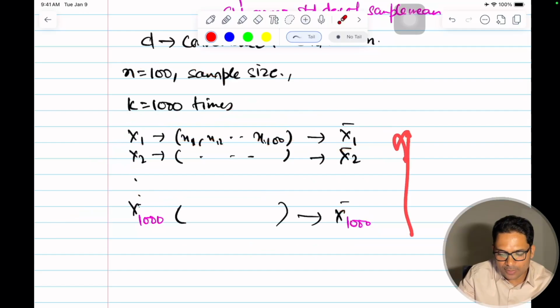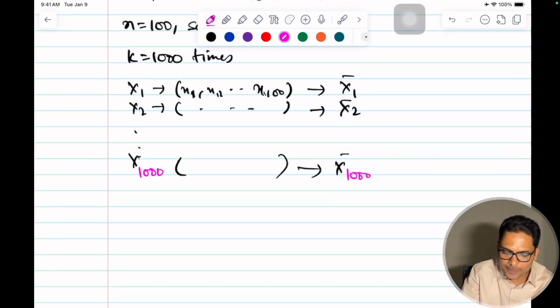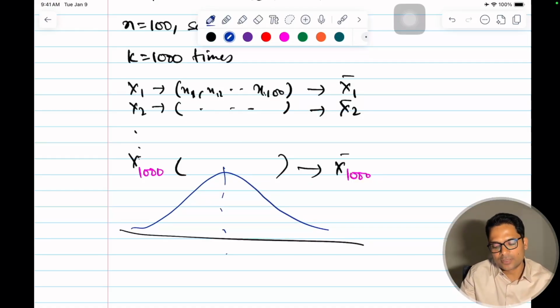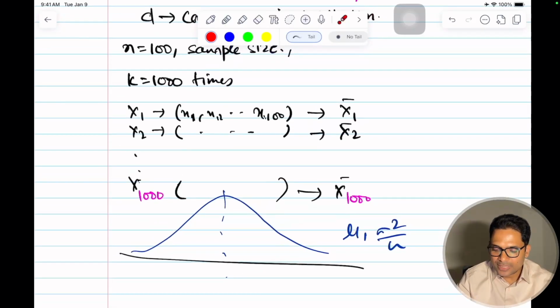Now I get 1000 data points, and if I plot these 1000 points, I will get a Gaussian. That's what I meant. This will be a Gaussian with mean mu and variance sigma square by n. I hope that is clear. K is the number of repetitions, and we have to do this k number of times because only then can we plot it.